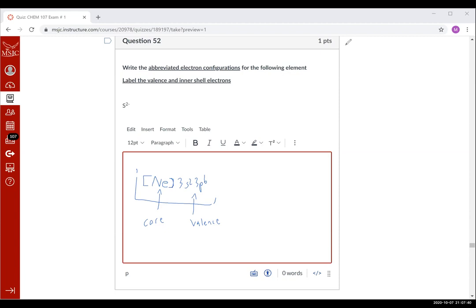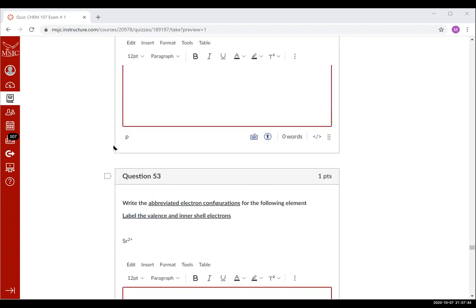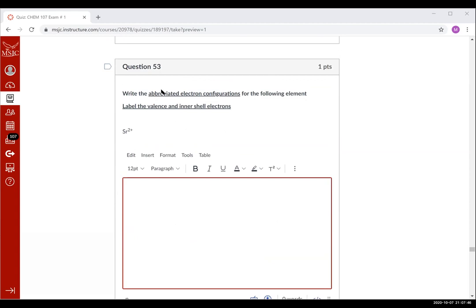Okay, so let's keep going with this. So in the next case, we're asked to write the abbreviated electron configuration for strontium 2+, keeping in mind that strontium typically has 38 electrons. So then strontium 2+ would have 38 minus 2 or 36 electrons.